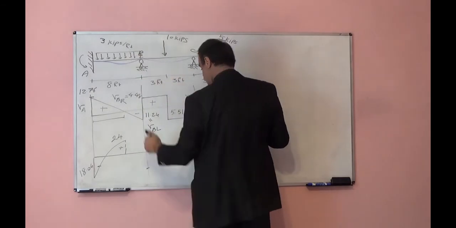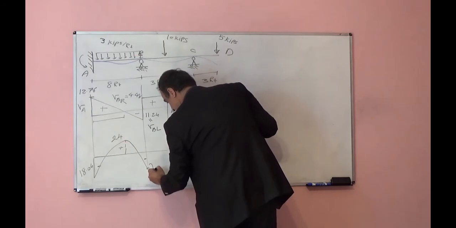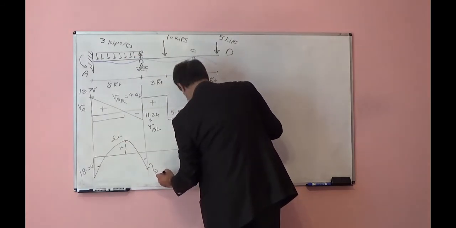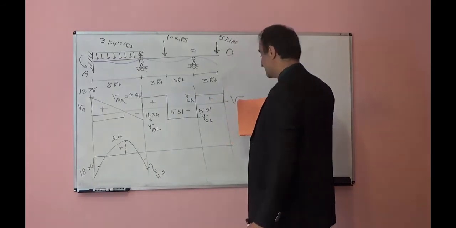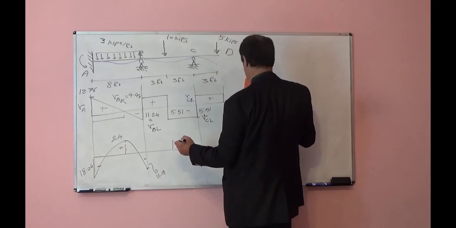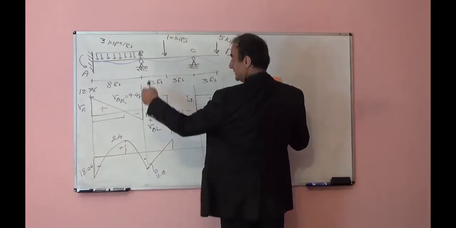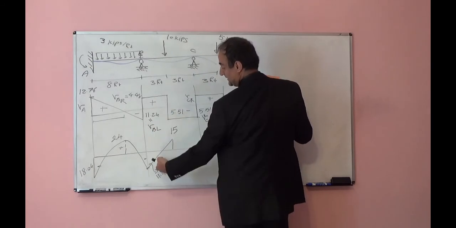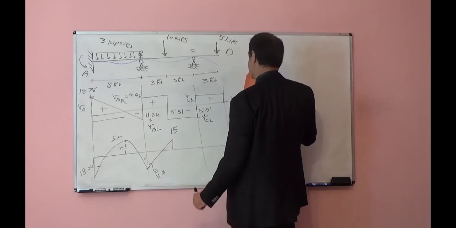clockwise, here negative, so it will come to the negative 11.9. After that, here it will reach to the positive 15. There is no force. One degree higher or derivative of this will be shear, so diagonal.